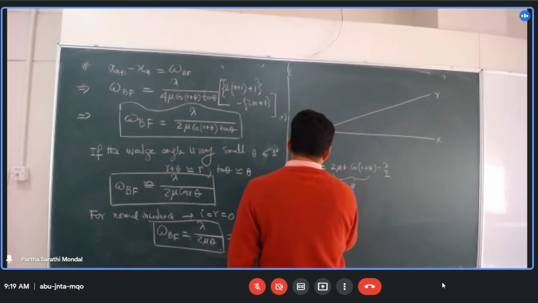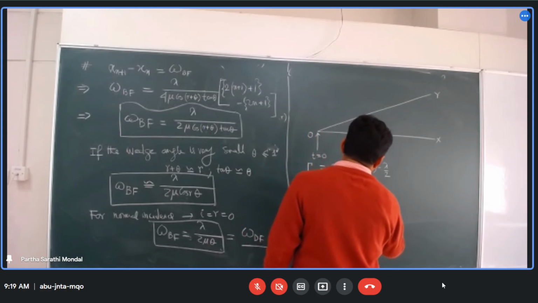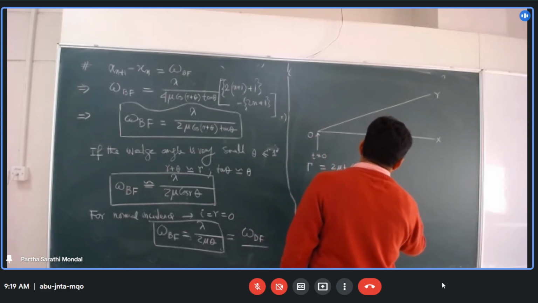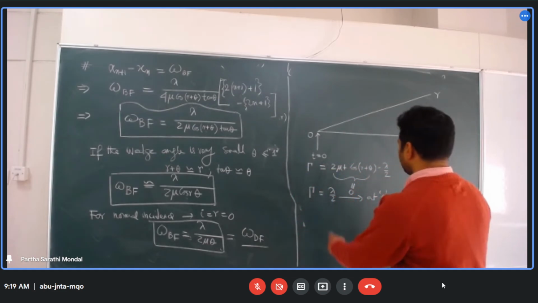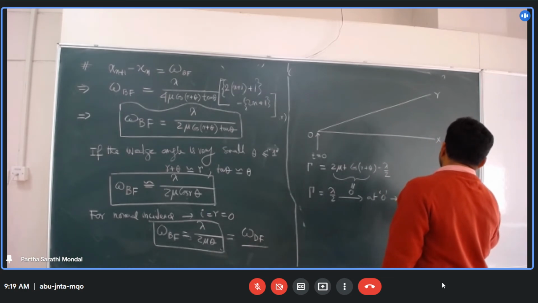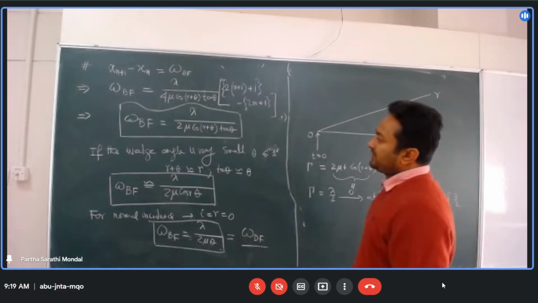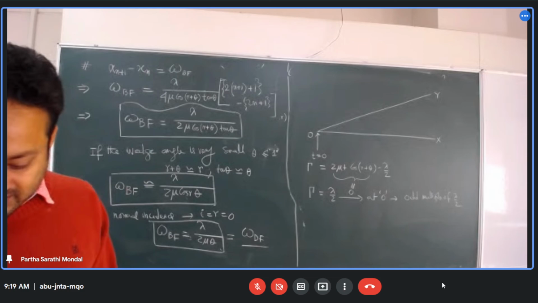So that means at O, your path difference will become lambda by 2, so that means it is an odd multiple of lambda by 2. So if it is an odd multiple of lambda by 2, then what we will get?